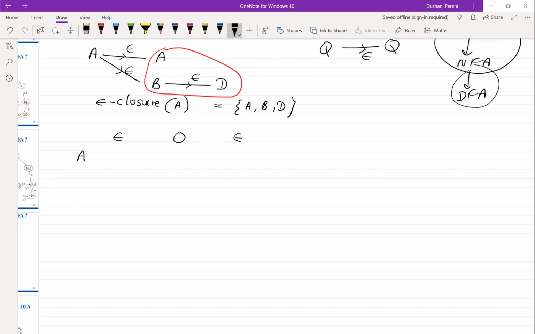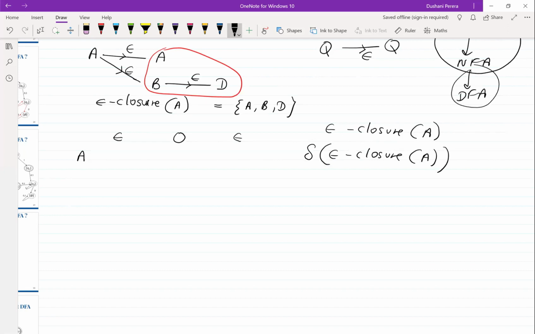If I give this in more of a theoretical way, first I'm going to check the E closure of A. Then for that E closure of A, I'm going to give a delta.